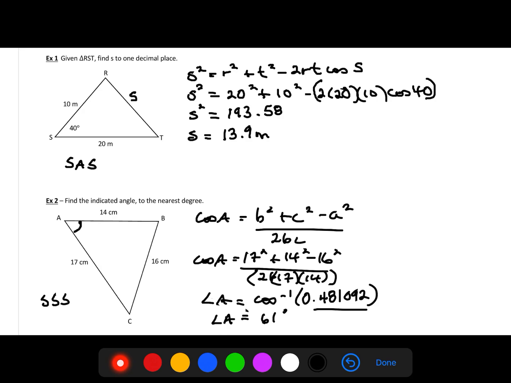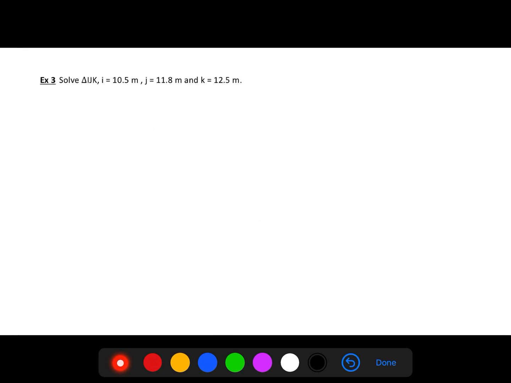So, rounding to the nearest degree, angle A is equal to 61 degrees. We want to keep at least 4, if not more, decimals. If we can do that all in one step in our calculator, all the better.